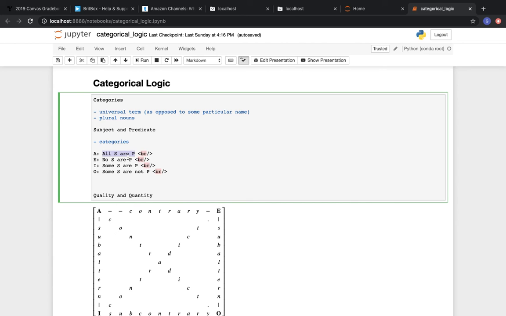So some of our claims will be things like all students are people, or all dogs are cats, or all guitars are sentences, whatever. No sort of semantic restriction on the terms. Any category that you want to use, you can use. And that goes for all of these four types of claim. Any claim that looks like this, all S are P, is what's called an A claim. Okay? A claims. Pretty easy to remember because A and all go together.